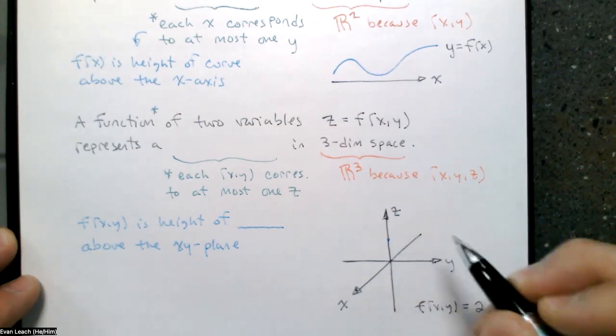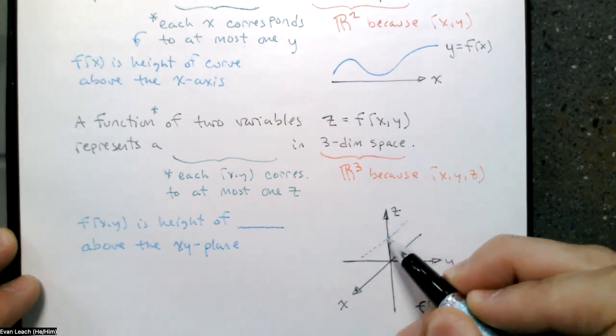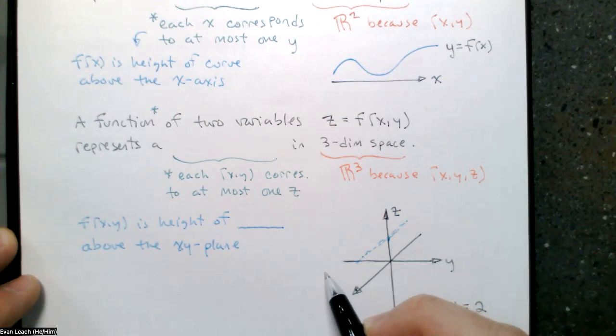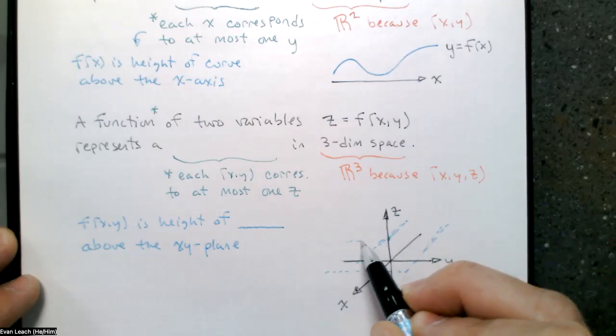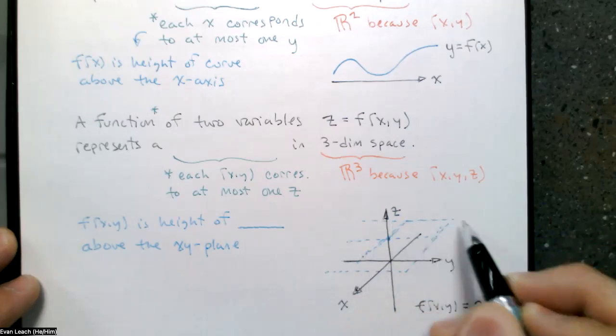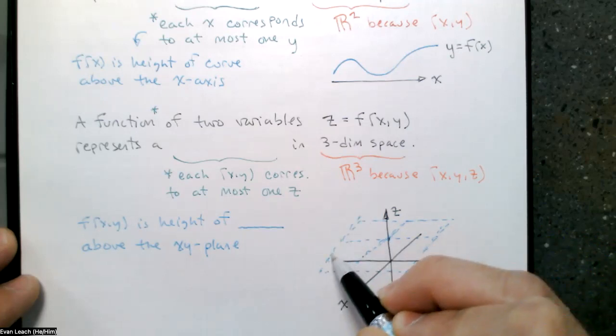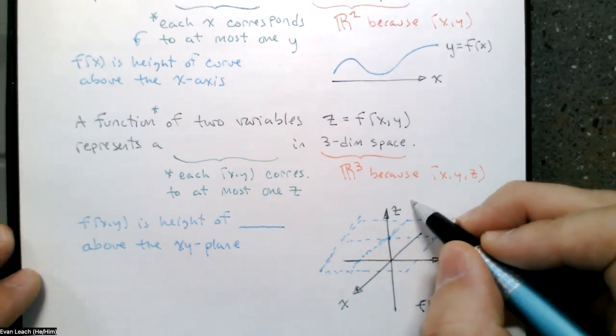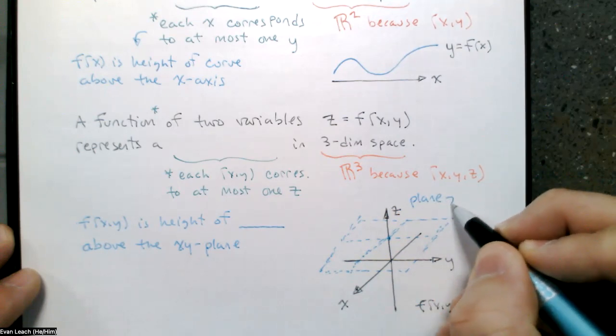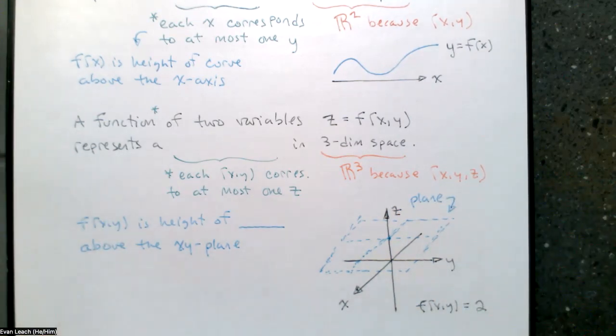So at the point 2, we're going to end up with this plane. Above every point on the xy plane, we plot a height, at most one height.